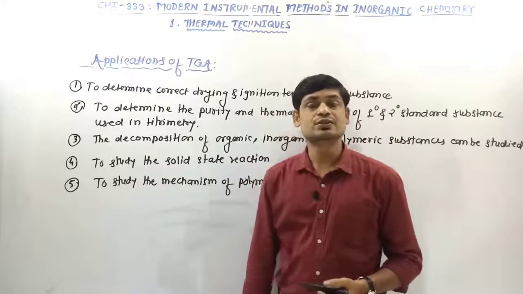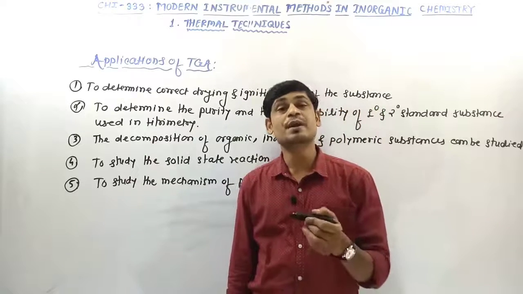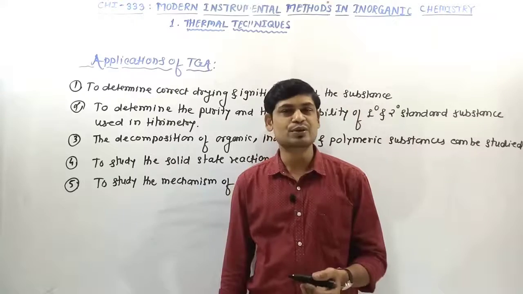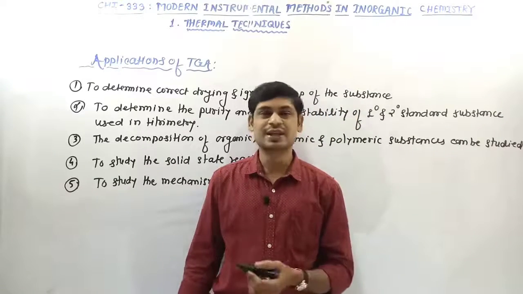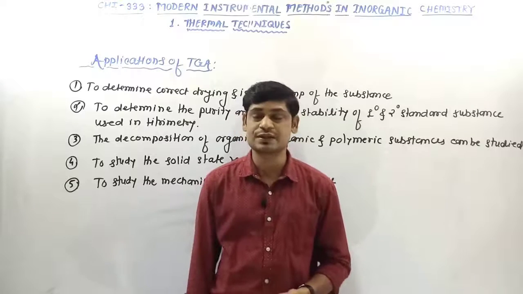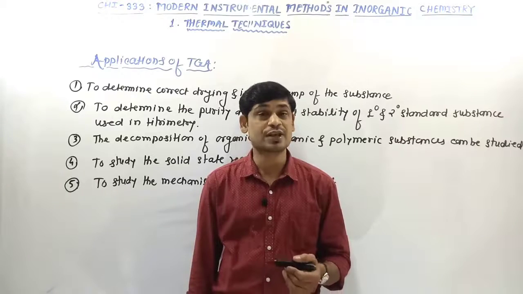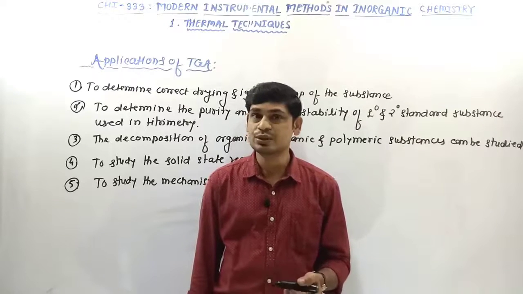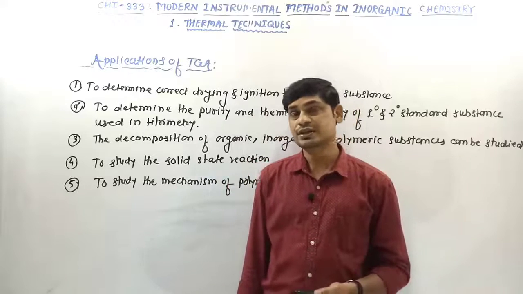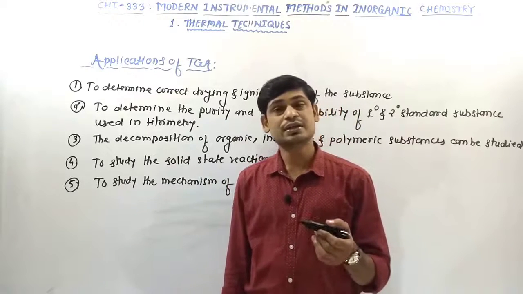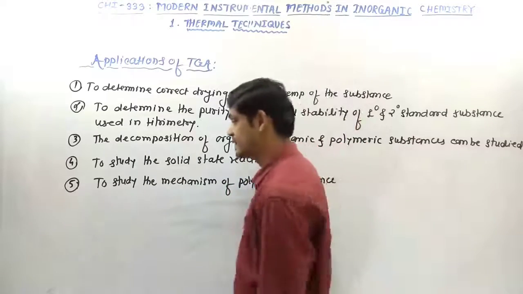Even this technique is used for the study of the mechanism of a complex mixture, because many complex compounds are formed during synthesis, both in organic synthesis as well as inorganic synthesis, which is very difficult to predict their structure. And therefore, for that purpose, we must go through their mechanism. And this mechanism can be studied and interpreted with the help of thermogravimetric analysis.